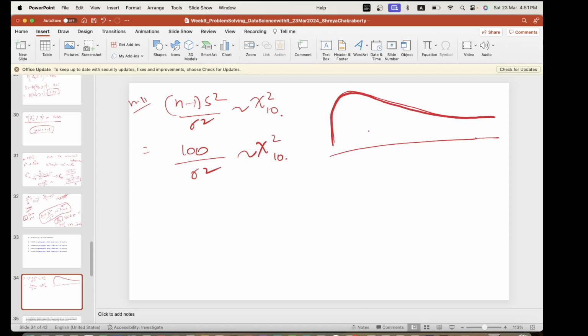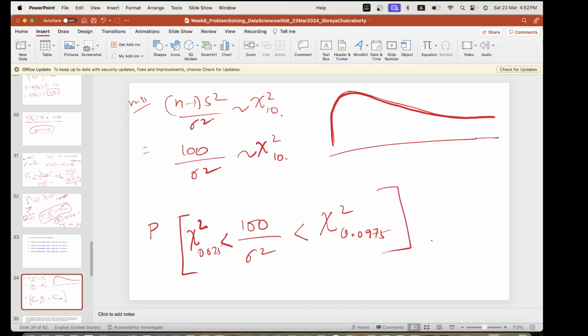Now, if I have to find out this thing, the probability that 100 by sigma square is less than chi-square 0.975 and greater than chi-square 0.025, this probability is 0.95.